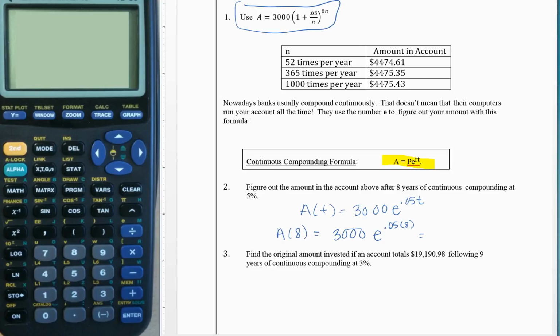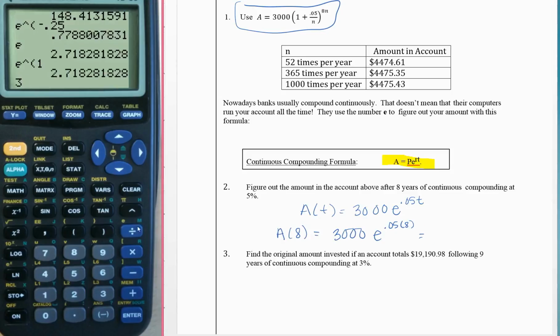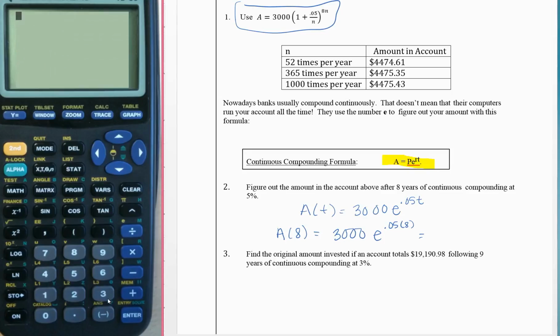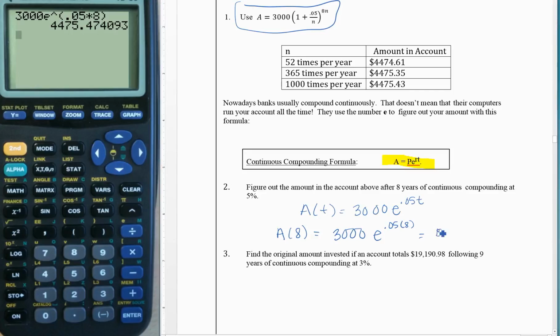And we can do that in our calculator. So 3,000, and then we can just do our e^x here and do 0.05 times 8 in our parentheses. So we would see compounding it continuously, if we round to the nearest cent, would give us $4,475.47.